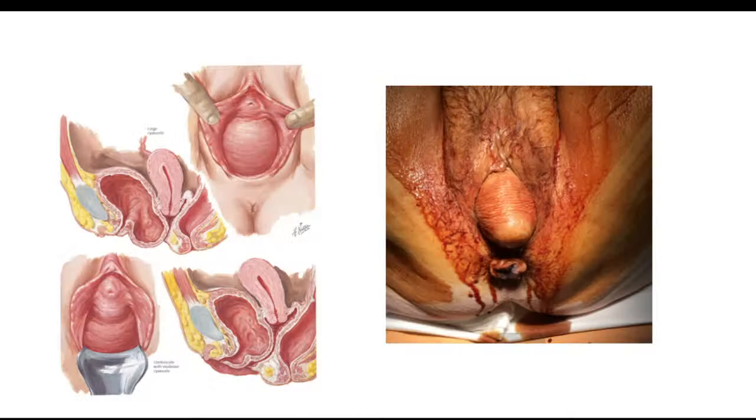Actually, this is the full prolapse in the photograph of a patient with the full prolapse with some hemorrhoids also, and a large cystocele. And in the picture by the artist, you can see an isolated cystocele and not much prolapse of the uterus is seen.